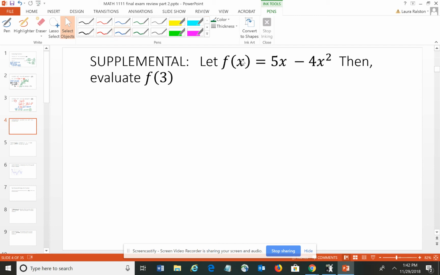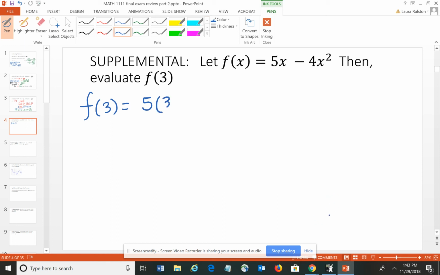Then I have a supplemental question. Remember, the supplemental questions are those that you may not have seen on the review, but you will likely see one similar to that on the final exam. This particular question says, let f of x equal 5x minus 4x squared, then evaluate f at 3. Obviously they're just asking you to plug 3 into the given function. So f at 3, I would substitute 3 in place of x.